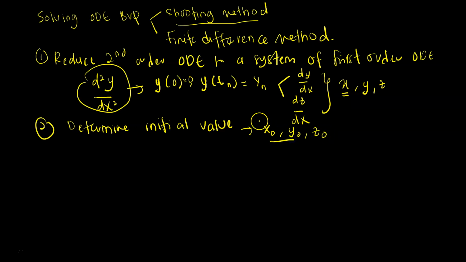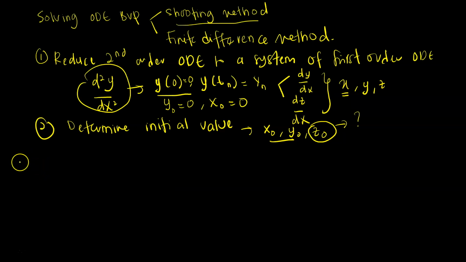But class, x naught and y naught are already given in the question, for example, y naught equal to 0 and x naught equal to 0. This is just an example. But the problem is, what is the value of z naught? In this case, z naught will be given in the question, because for this syllabus, z naught will be given in the question.